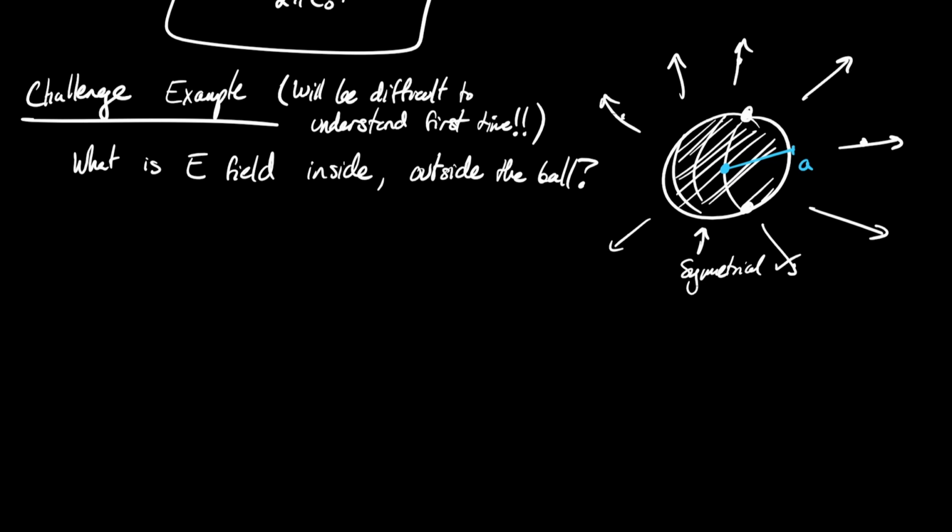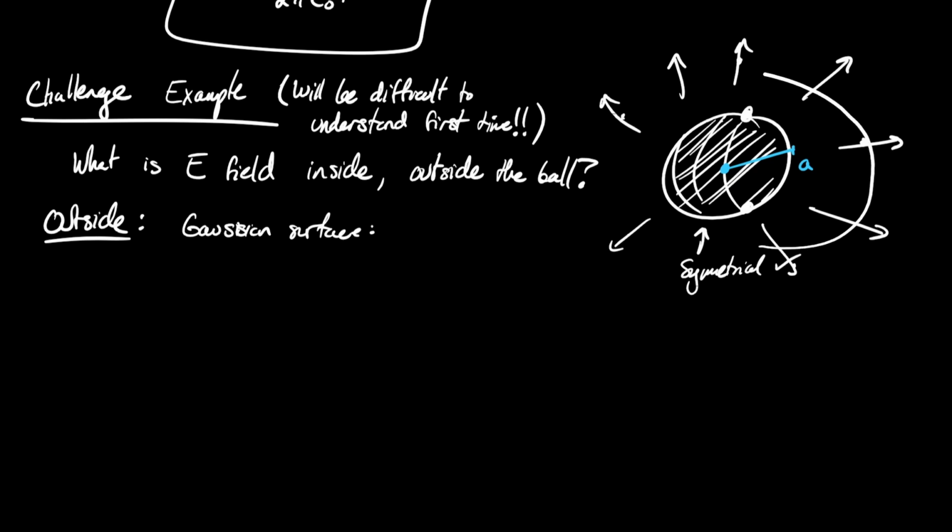Okay, so we've drawn our electric field sketches, and now let's draw a Gaussian surface. Okay, so Gaussian surface, we look at our field lines, we say, hey, a spherical shell looks pretty good, and that is going to be the right answer, right?